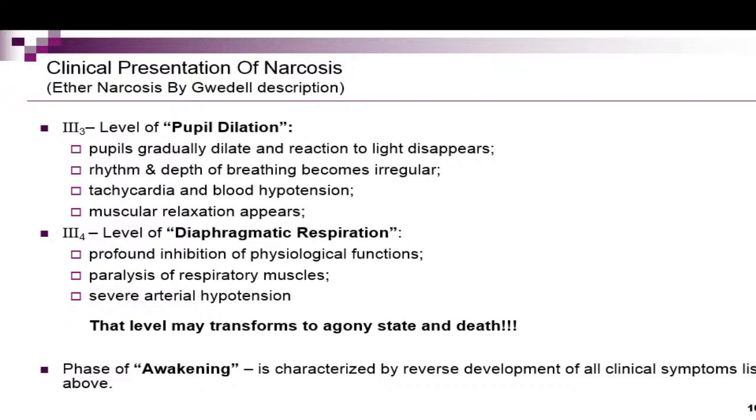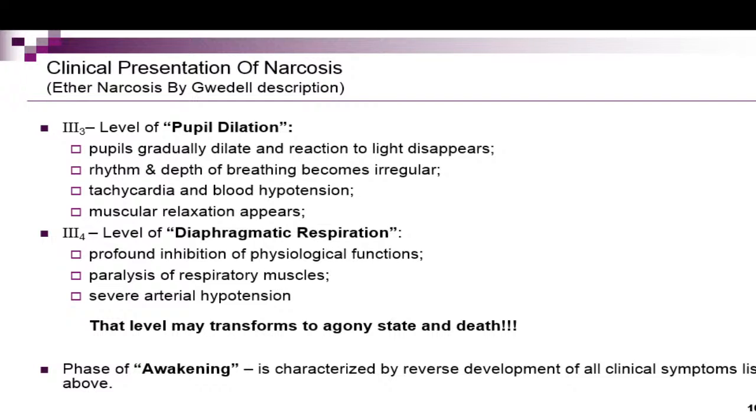Tachycardia and blood hypertension begin, and muscular relaxation appears. Now please pay attention: muscular relaxation appears when tachycardia and blood hypertension appear at the same time. So mononarcosis is an inadequate type of narcosis for surgical operation.